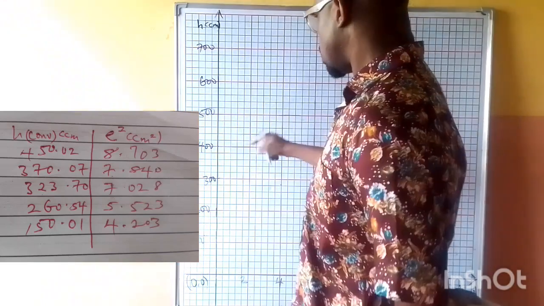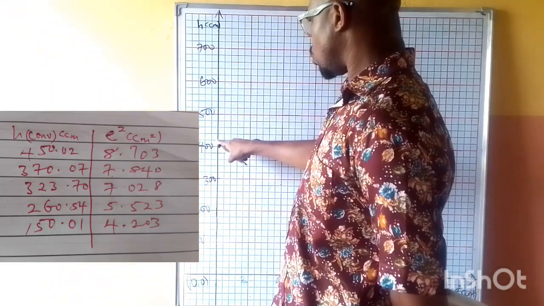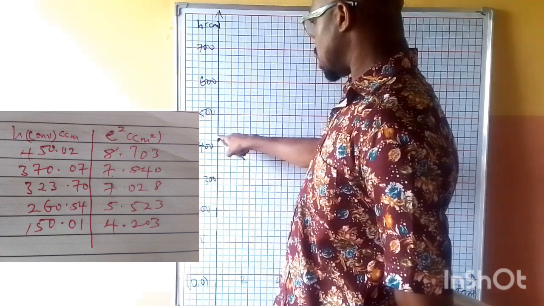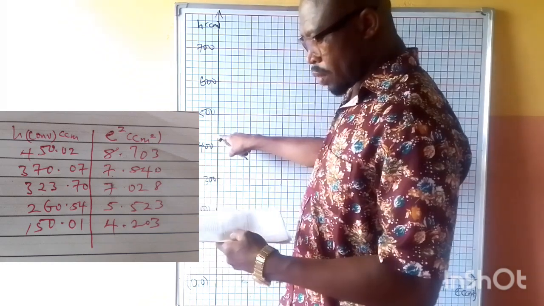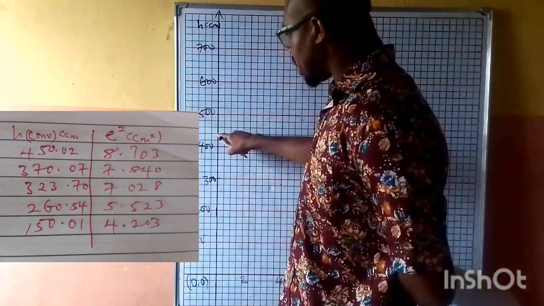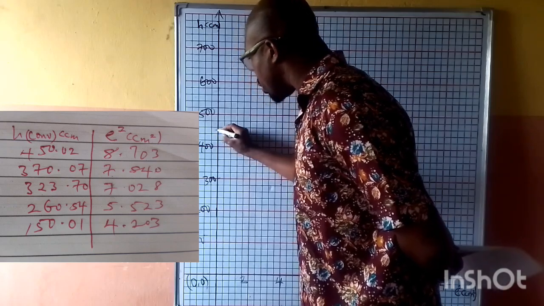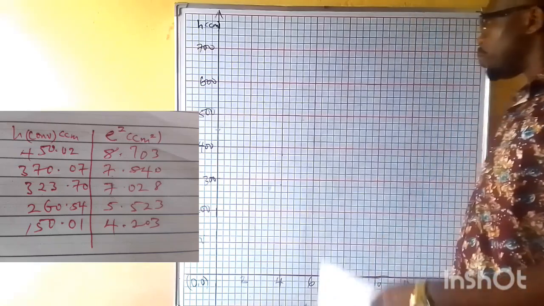No, 450 somewhere here. So we have 420, 440, 460, 480, 500. So 440. We have 440 here. This here is 440 and here is 460. That means we will plot in between somewhere here. That is where we'll get our value. So now we note that point.